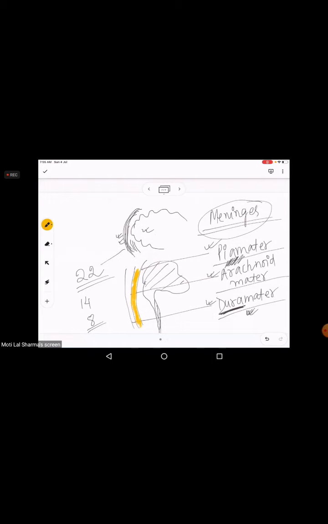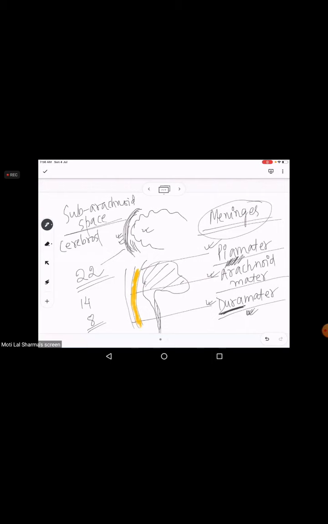That space is called the subarachnoid space, and it is filled with a fluid that is important for the exam. That fluid is called cerebrospinal fluid.